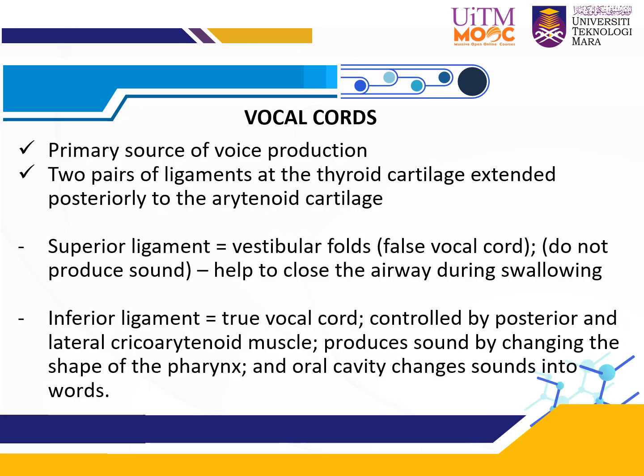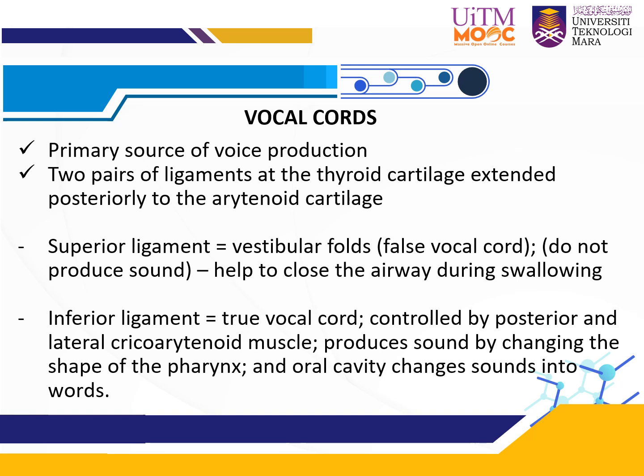Vocal cords. So vocal cords are the primary source of voice production. There are two pairs of ligaments at the thyroid cartilage extended posteriorly, so behind, to the arytenoid cartilage, and the superior ligament is known as the vestibular folds, or we call it the false vocal cord.